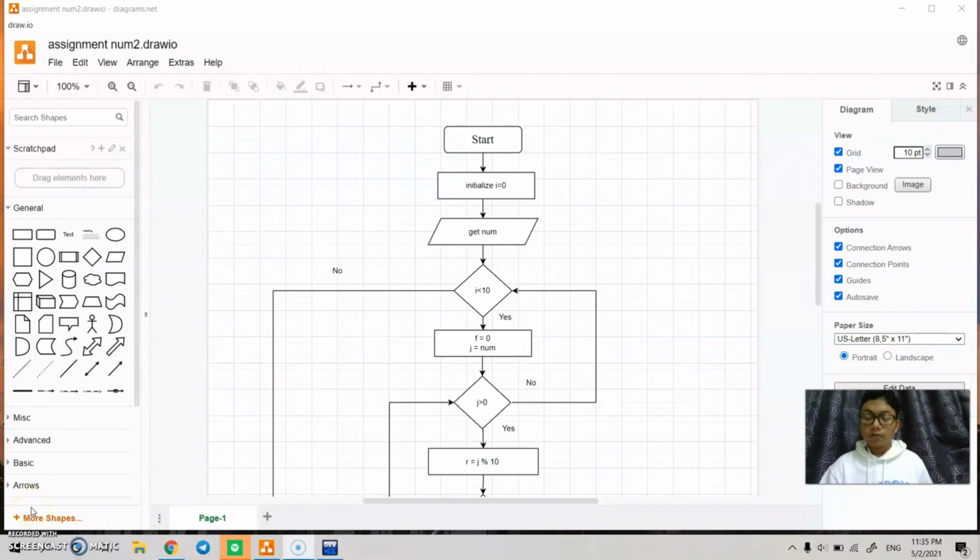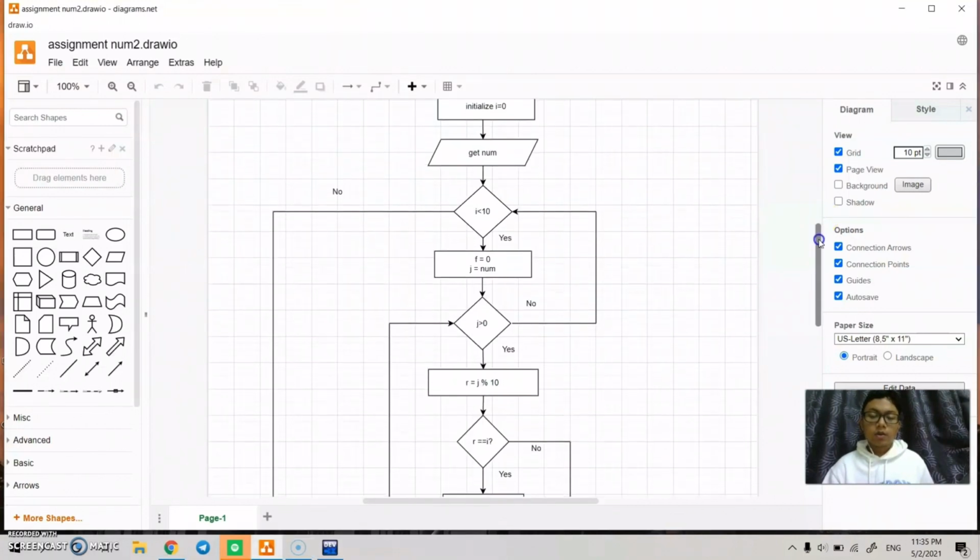So for the flowchart of this question, we start by initializing the integer, which is equal to 0, and then we get the input from the user. The integer must be less than 10, since a digit is only between 0 and 9. We don't have a digit which is 10, 11, or 12.